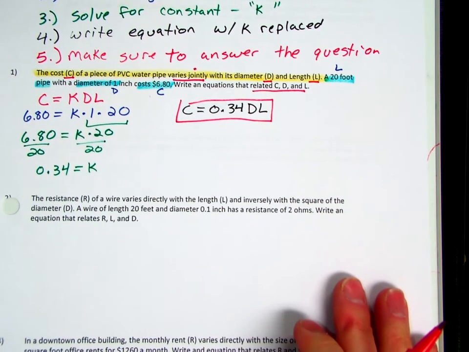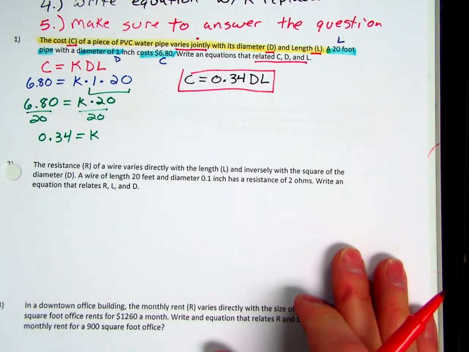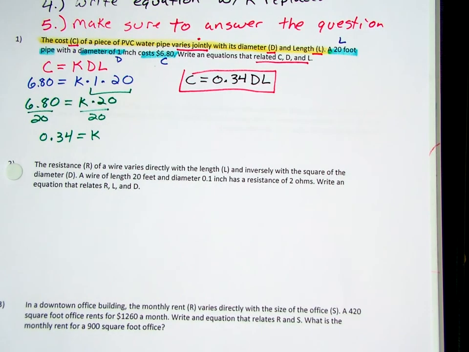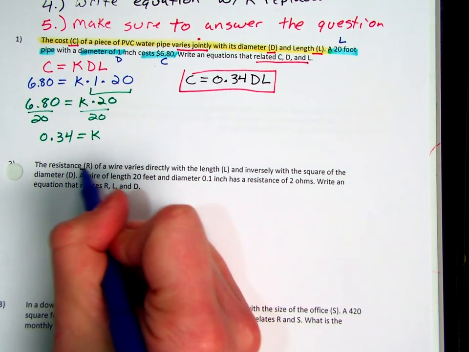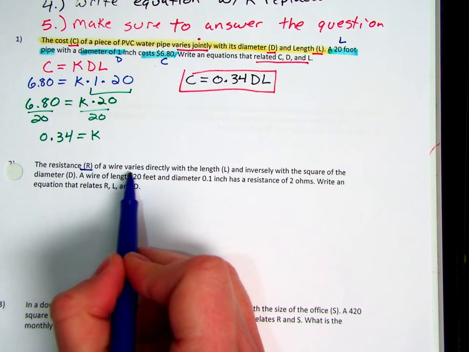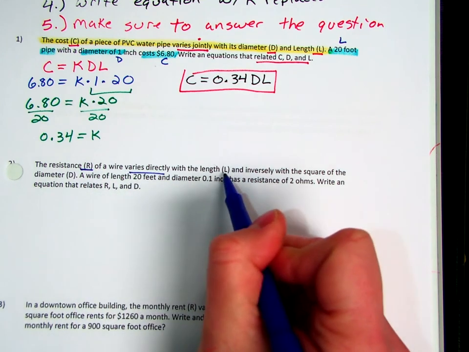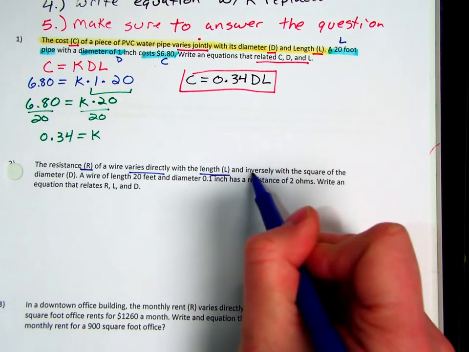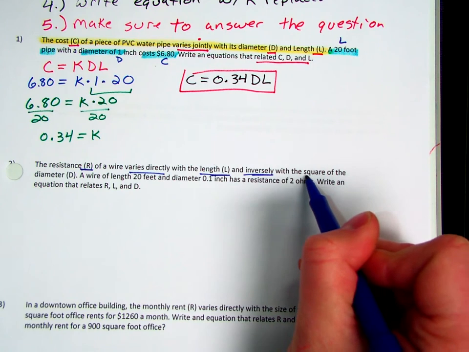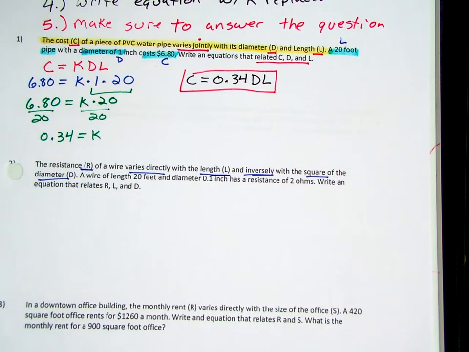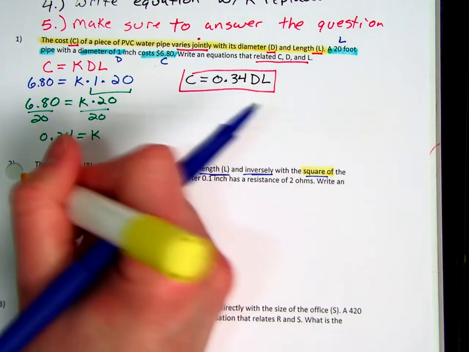Okay? All right, so let's go ahead and look at number 2. The resistance R of a wire varies directly with its length L and inversely with the square of its diameter. So be careful. A lot of times people want to skip this squaring of the diameter.